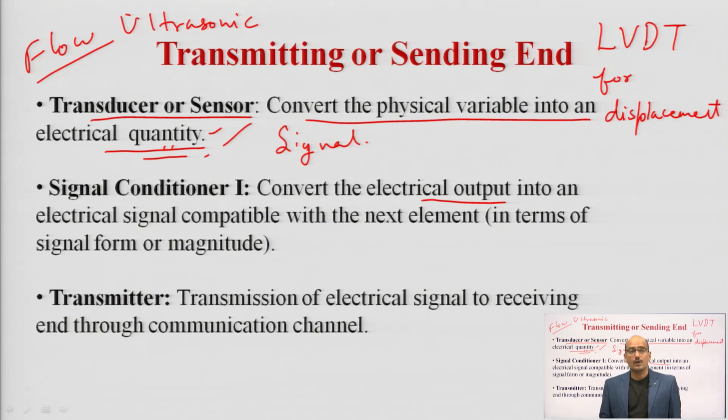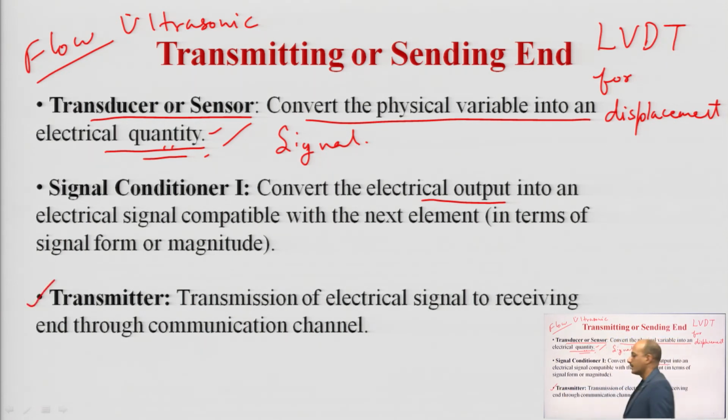To make that electrical quantity compatible with the next element of the system, as per the signal form or signal magnitude, we condition the signal before providing it to the next end. Then comes the transmitter part.